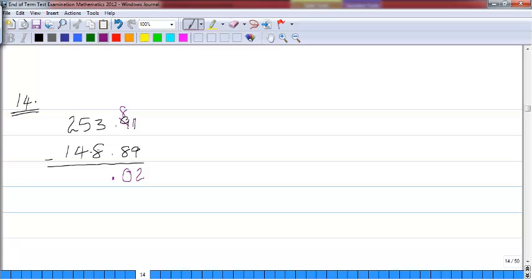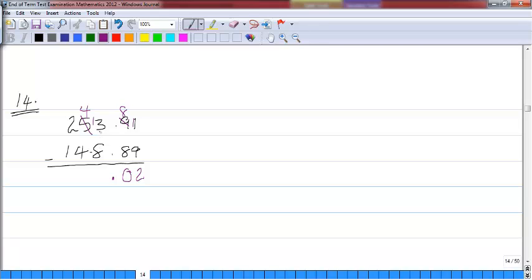Continuing now, we have the ones column, because this would have been the decimal. So in the ones column, I have 8 to take from 3. That can't work. I need to take a set of 10 from the 5, leaving 4, and this set of 10 with the 3 now becomes 13.